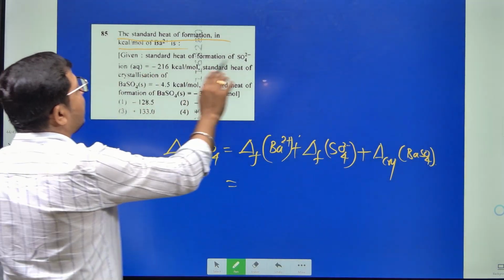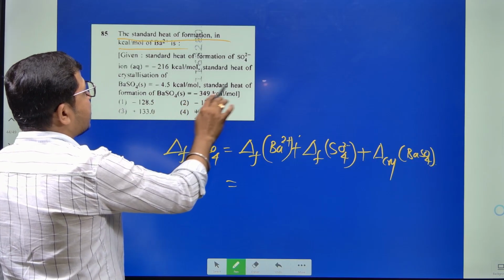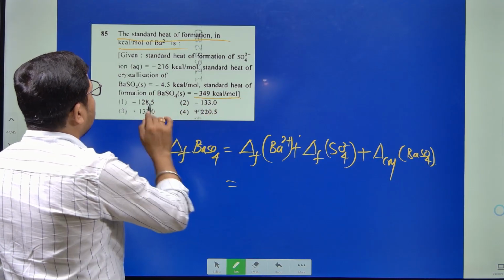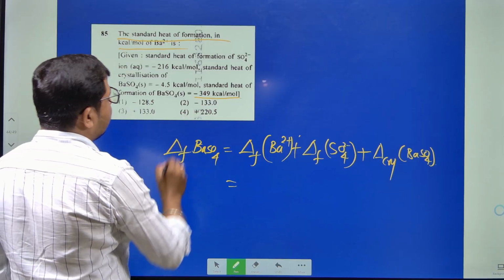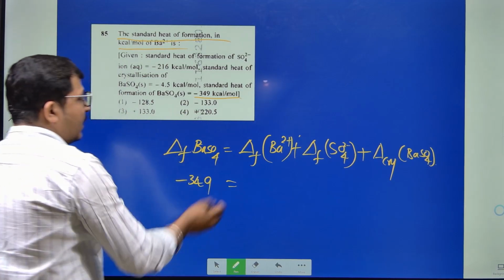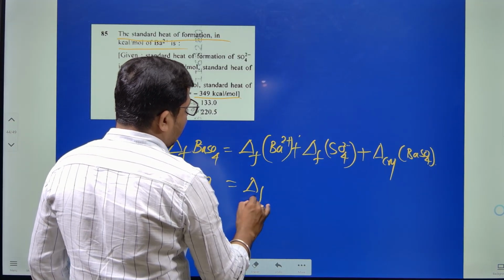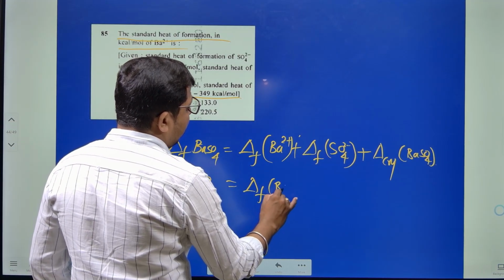The standard heat of formation of BaSO4 they have given is minus 349, and we have to calculate the heat of formation of Ba2+.